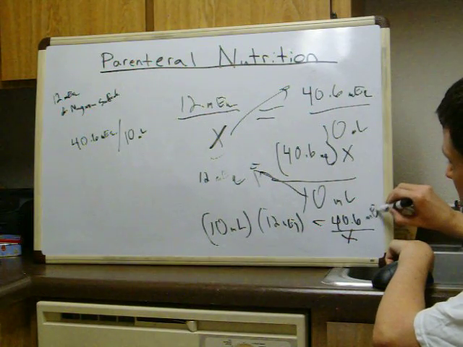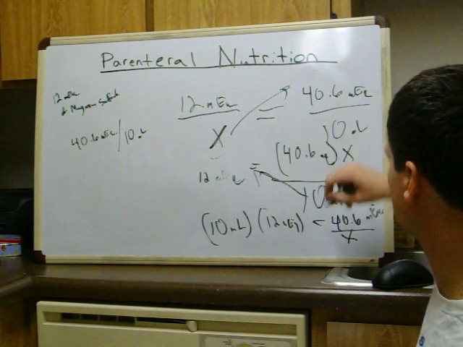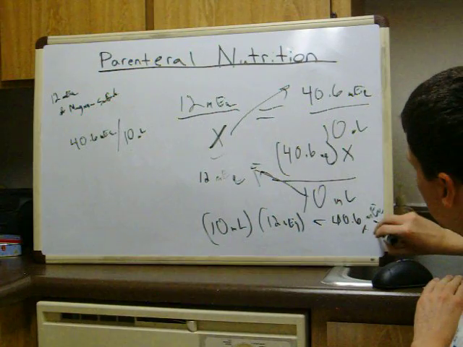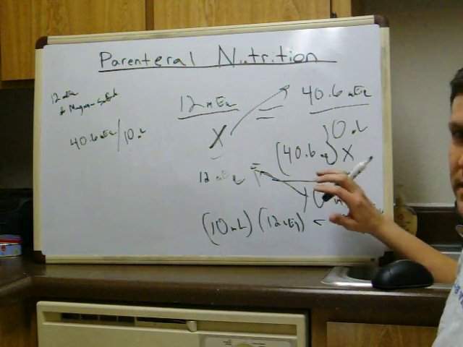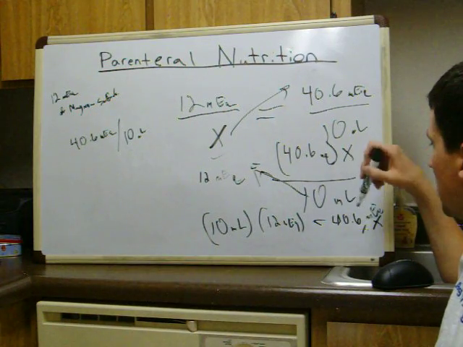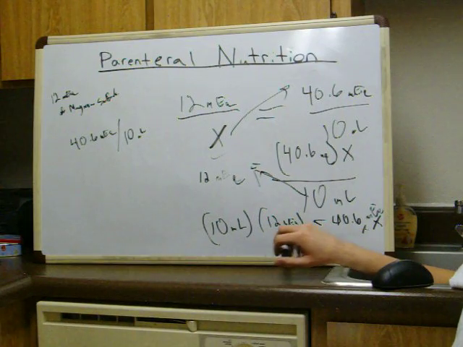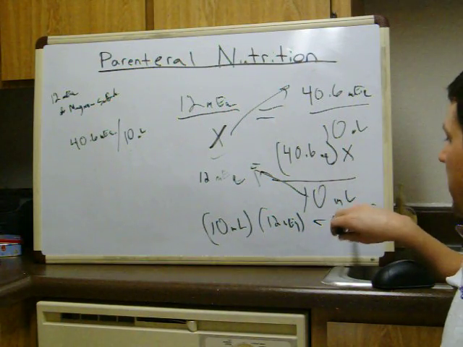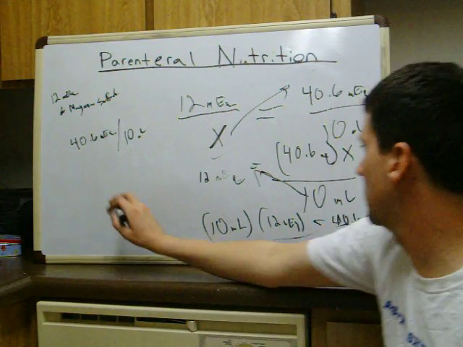Yeah, X is in the numerator, my bad, sorry. So 10 milliliters times 12 milliequivalents is equal to 40.6 milliequivalents times X. Then we divide both sides by 40.6.